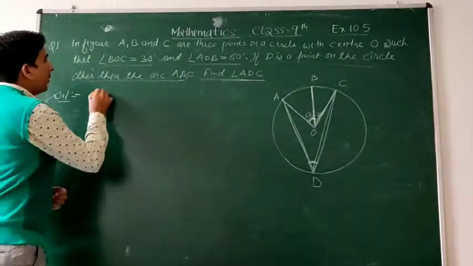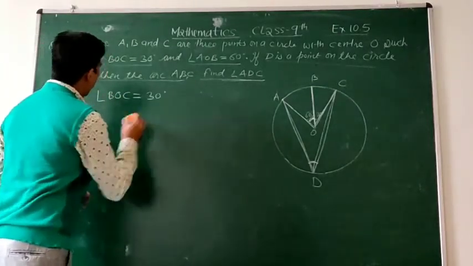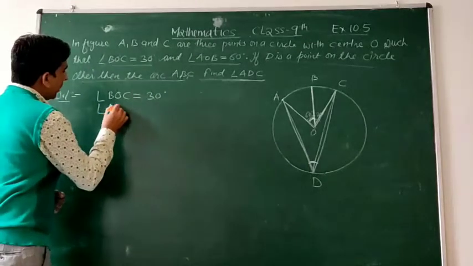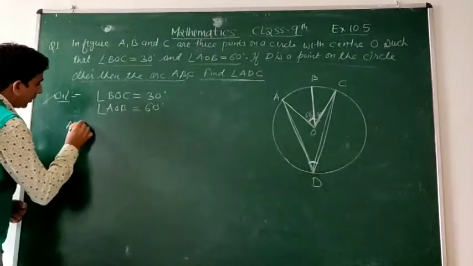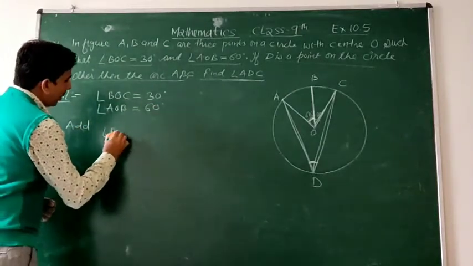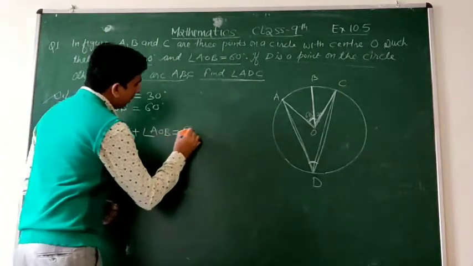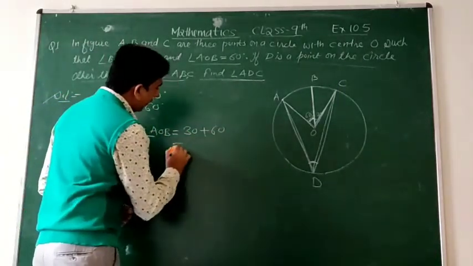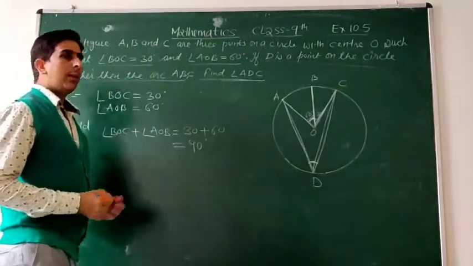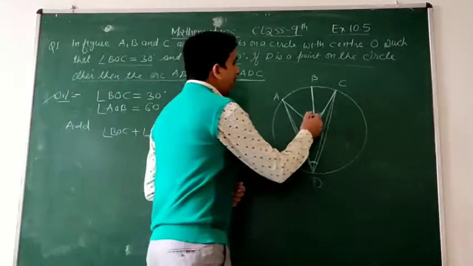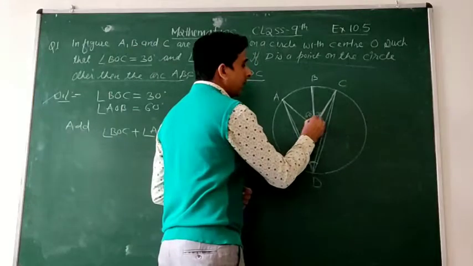We are given that angle BOC is equal to 30 degrees and angle AOB is equal to 60 degrees. If we add both, angle BOC plus angle AOB is 30 plus 60, which is 90 degrees.